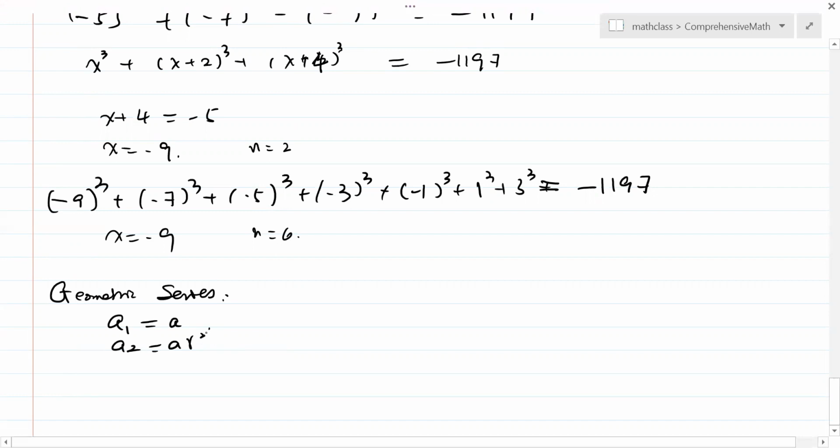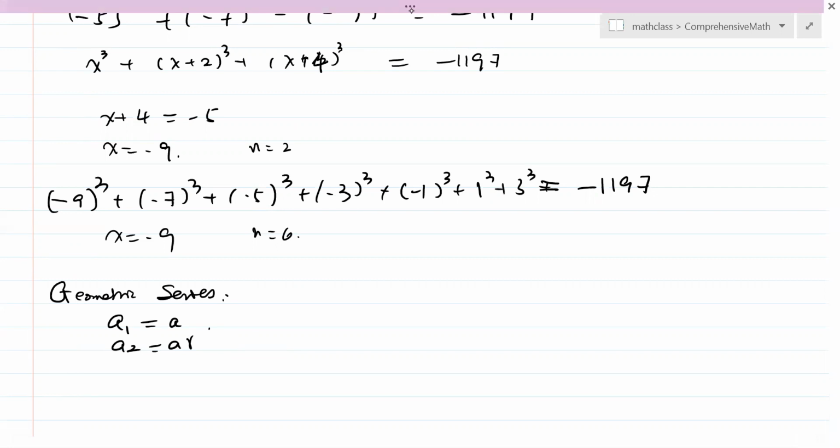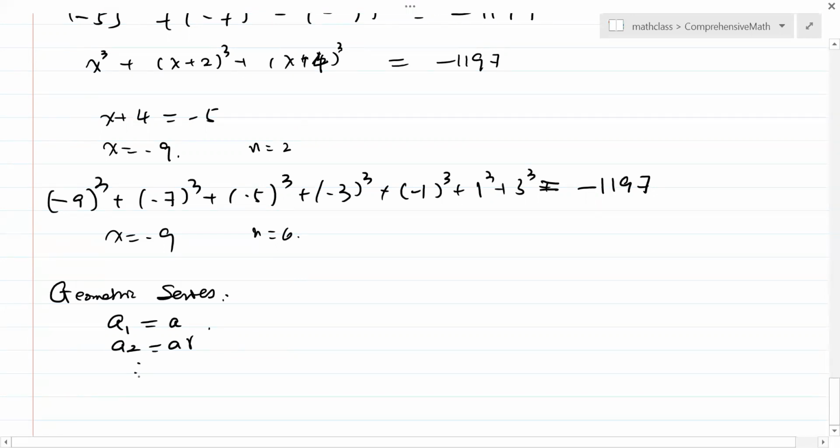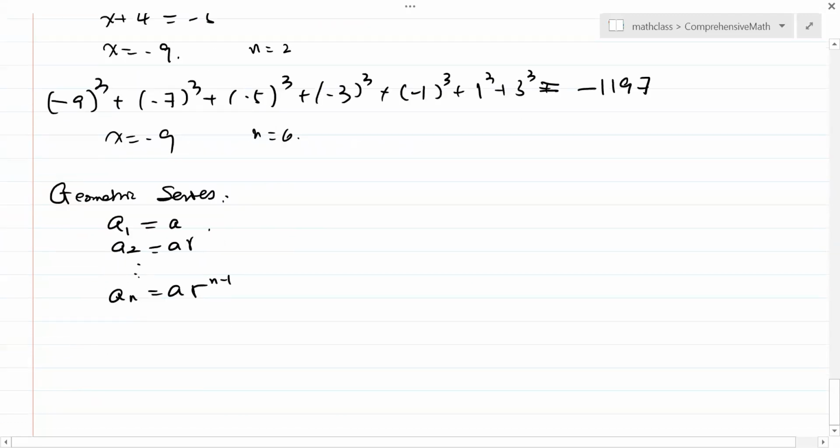No square, just r. And so on. The nth term is a r to the n minus 1.